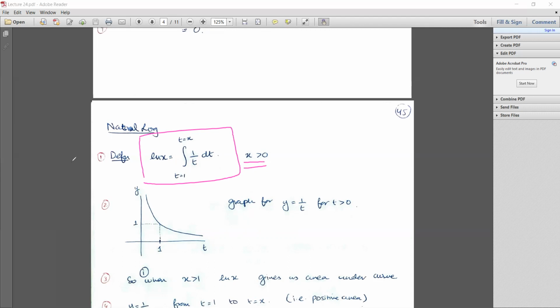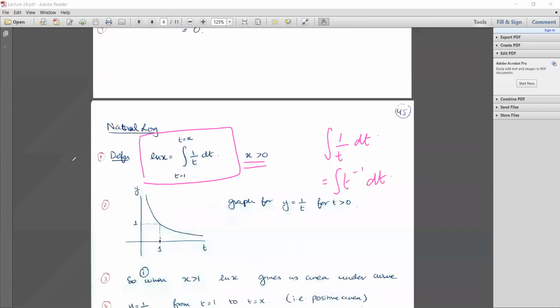Now, before we go into this definition, if I just ask you the integral of 1 over t dt, what is that equal to? Using what we know so far, this is the integral of t raised to power negative 1 dt.